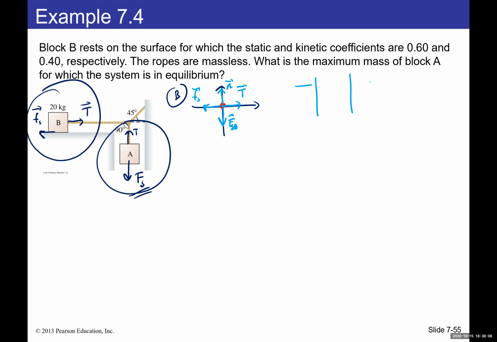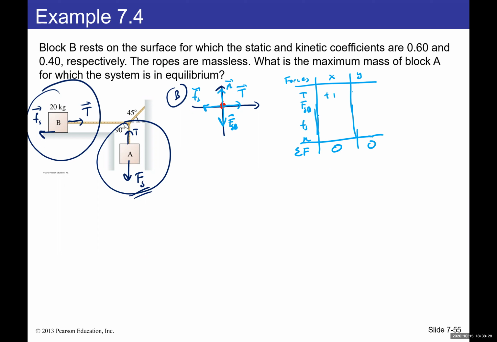And if I do my table, I have tension, FGB, static friction, and normal force. Since it's in equilibrium, the sums are 0, 0.